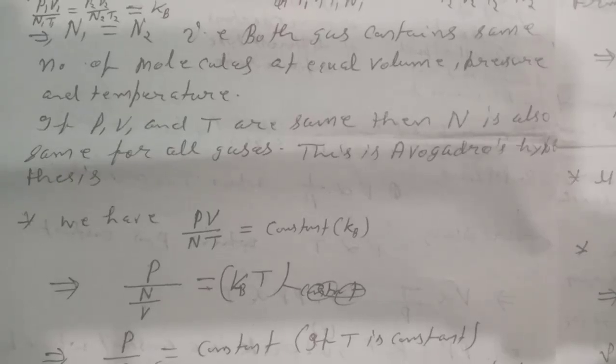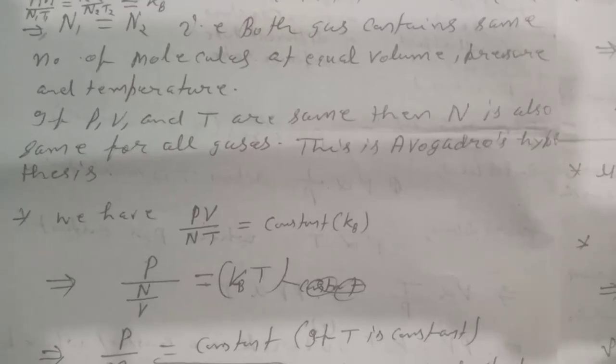If pressure, volume and temperature are the same, then the number of molecules N is also the same for all gases, and this is Avogadro's hypothesis.